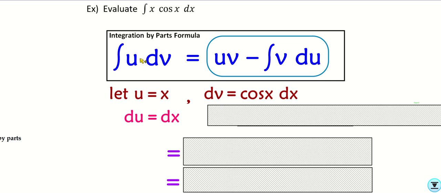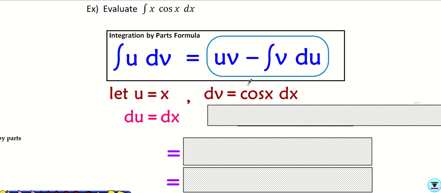We start with what's u and what's dv, but because of what ends up over here in the formula, we're going to need a du, which means we're taking the derivative of whatever we're letting u equal. And we're also going to need a v in the formula, which means we have to integrate dv. So what's the integral of the cosine of x dx?